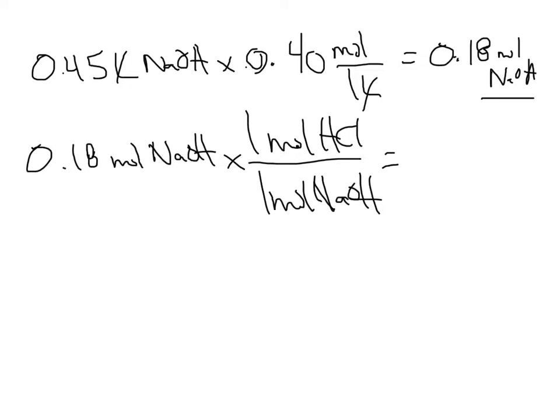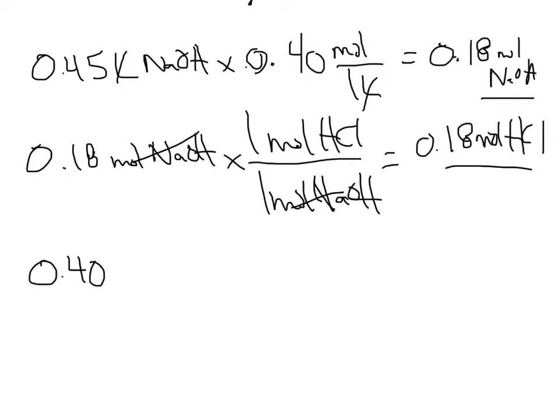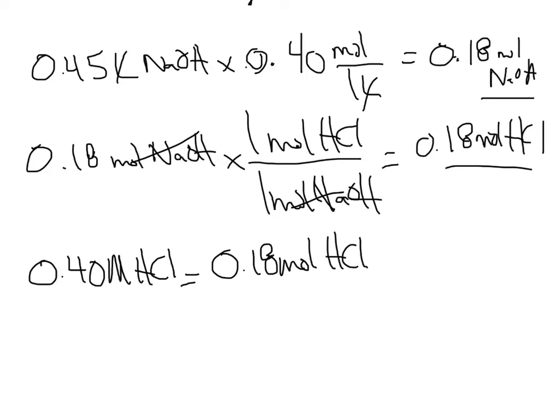So that's going to factor out my labels here. So that means I should have 0.18 mole of hydrochloric acid. Okay. Now, in this particular equation, if I'm given a molarity of 0.40 molar hydrochloric acid, and I know that I've got 0.18 moles, it should take 0.18 moles of hydrochloric acid over X liter, because that's what molarity equals.